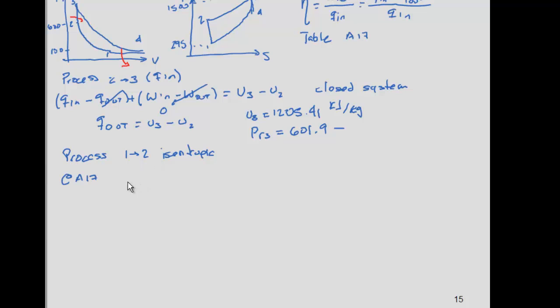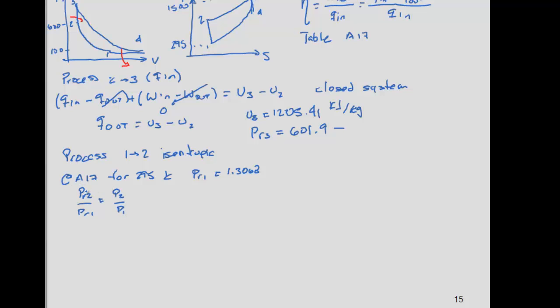Okay, table A17, we can check that for 295 Kelvin, PR1 equals 1.3068, and since process 1 to 2 is isentropic, we can use this expression, PR2 divided by PR1 equal to P2 over P1.